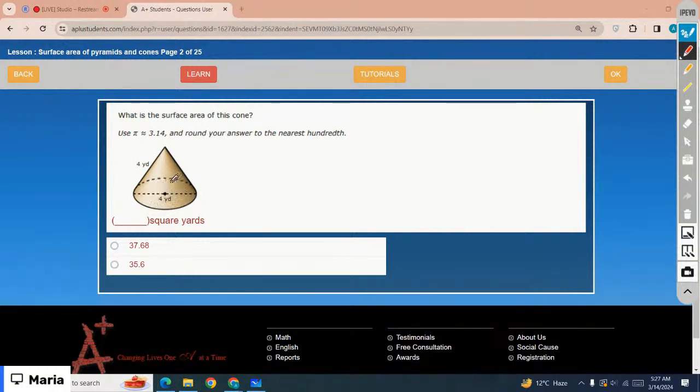That is a circle. So that is pi r square. You are given the diameter. Diameter is 4, the radius is 2. So you have to do 3.14 times 2 square. 2 times 2 is 4. So 4 times 3.14 is 12.56.